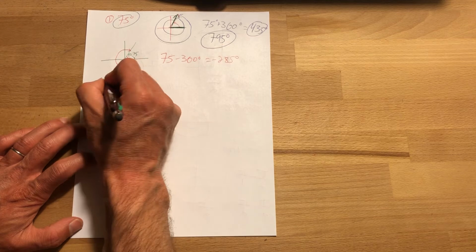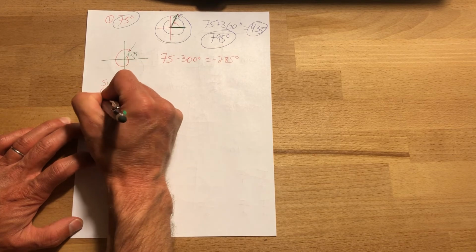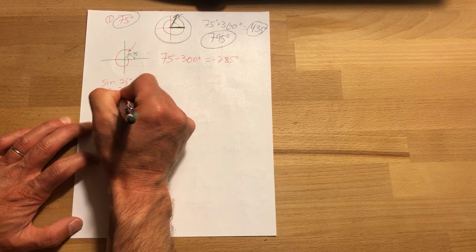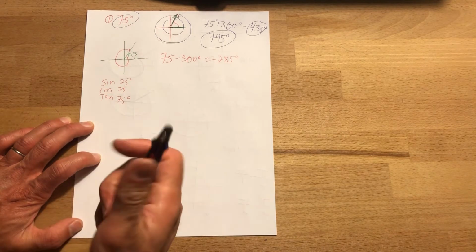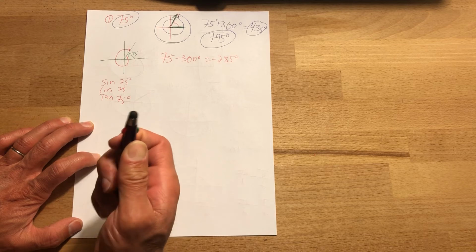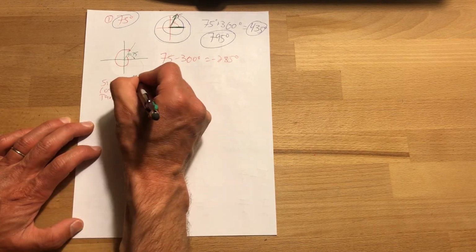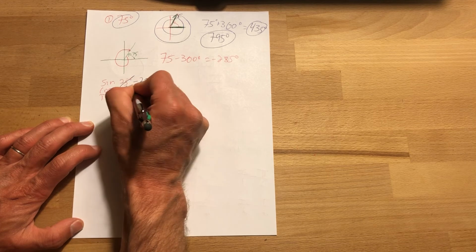So if I were to ask you what is sine, cosine, and tangent of 75 degrees, it would be the exact same answer as saying, let's get rid of the 75, what is sine of negative 285 degrees?